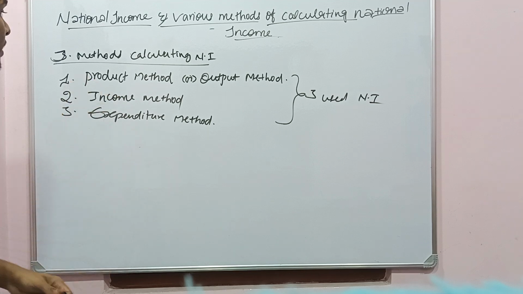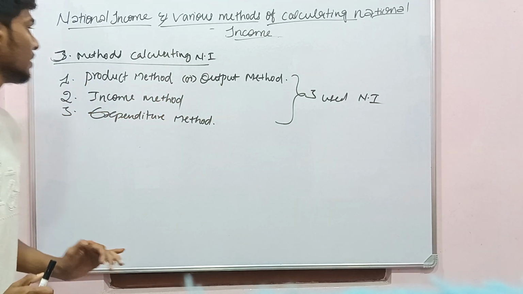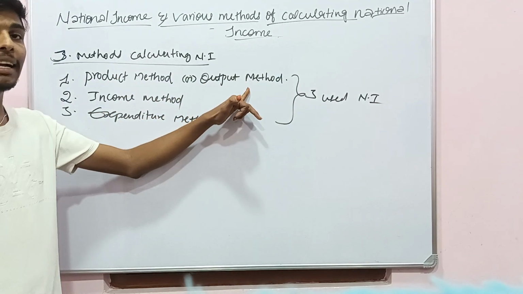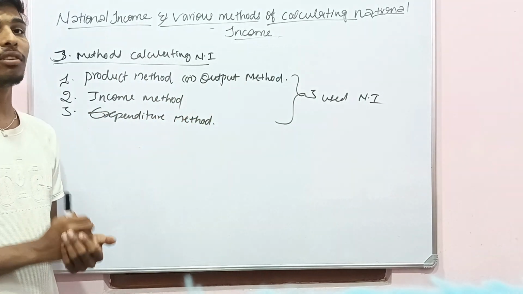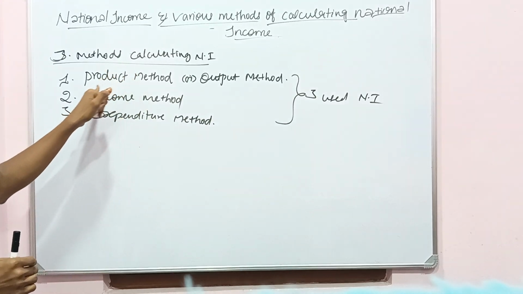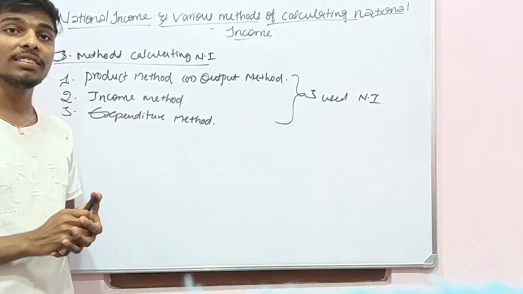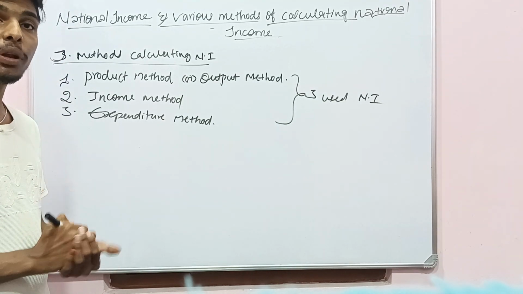So now let's see what this product method is. According to this product method, the national income is obtained through the country's final goods and services produced in the economy during a year.